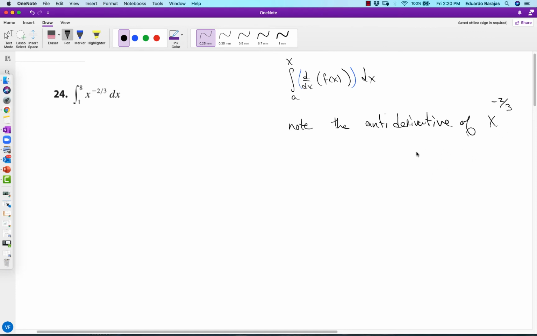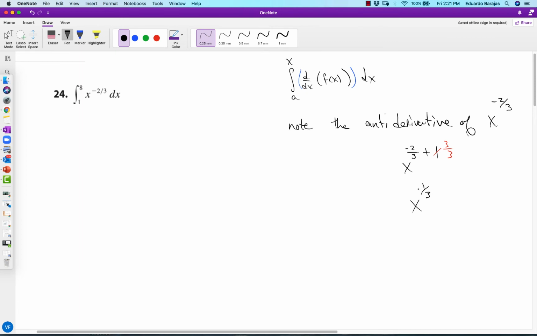We're looking for a function whose derivative equals that. So we know from our patterns that to take a derivative, we subtract 1 from the exponent. So to go backwards, we're going to add 1 to the exponent. So put a plus 1 there. Well, plus 1, we need a common denominator, so really let's add a 3 over 3, which gets me to positive 1/3.